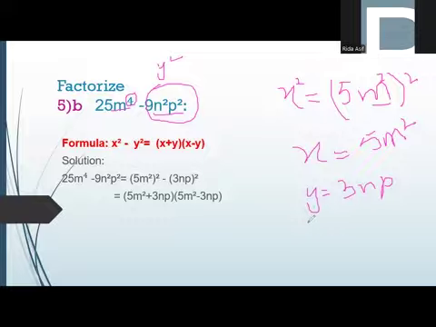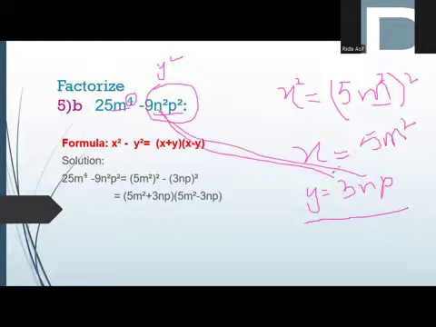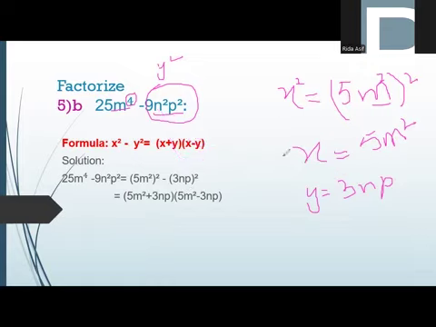If we take the square of it, we get 3 3s are 9, n n's are n square, and p p's are p square. So students, we get x and y. First of all, we have to find x and y. So x is 5m square and y is 3np.